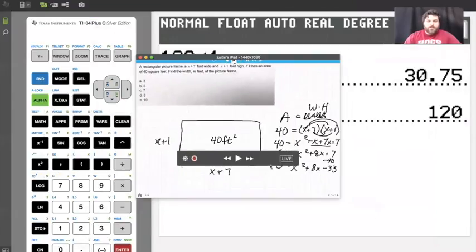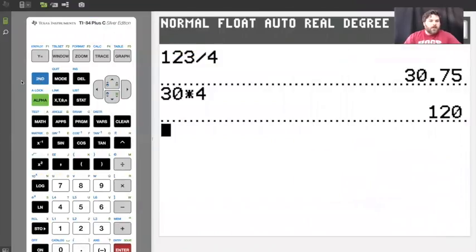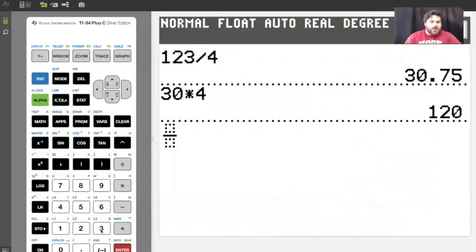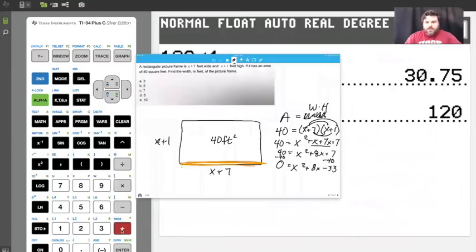So using your graphing calculator, I make a fraction first. So alpha y equals, and then enter. There's my big giant fraction. Negative b is negative 8, plus or minus. I'll do the plus first.